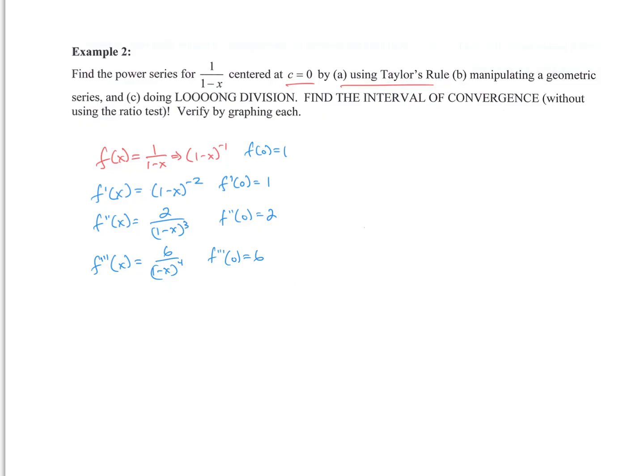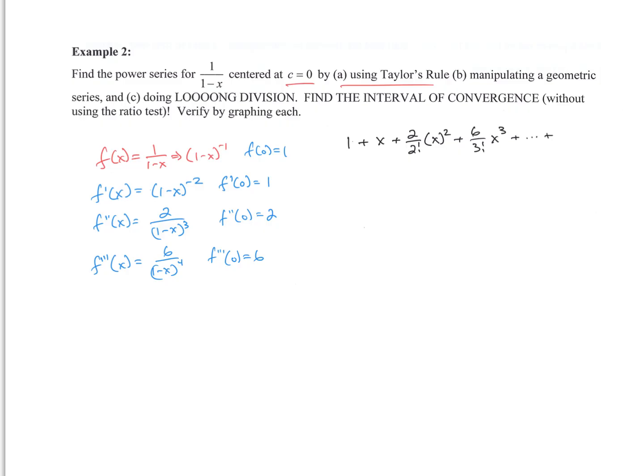All right. And so when I build this, I would end up with 1 plus x plus what? 2 over 2 factorial, and then x squared, and then plus 6 over 3 factorial x cubed, plus dot, dot, dot.